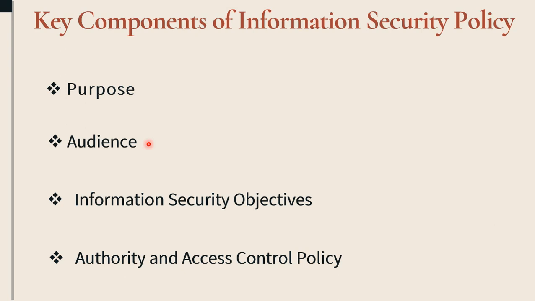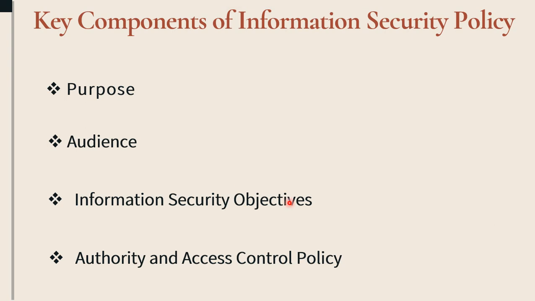Whether the manager is the person who can access this, whether the director, whether the employee or the clerk, whether the peon or the security boy, or who else is responsible and can access the information of that particular organization, that should be determined. The scope of the policy should be determined at the initial level. This is the second component.